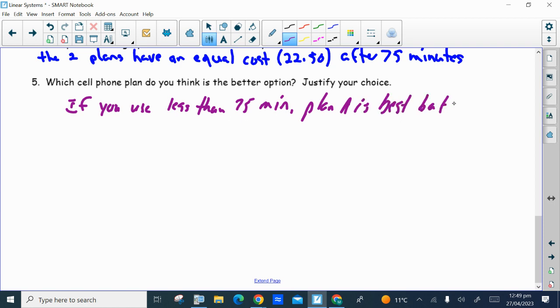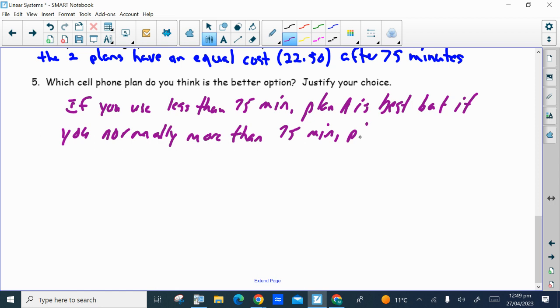But if you normally use more than 75 minutes, plan B would be best. The graph tells us that.